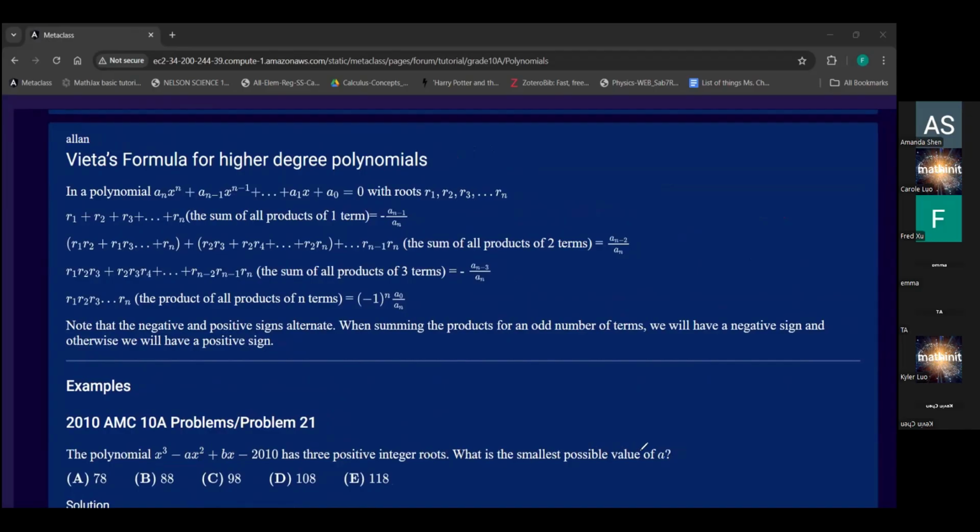What is the smallest possible value of a? Big hint: use Vieta's formulas for this. I'll give you guys 3 minutes to do this.